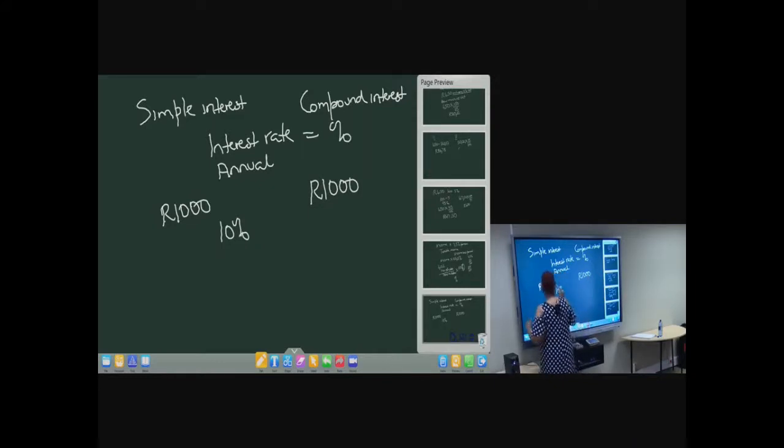If you are having simple interest, you are going to be asked how much you will have after, let's say, 3 years. Let's look at the simple interest. With simple interest, you can purely say it is 1,000 rand multiplied by your 10%.